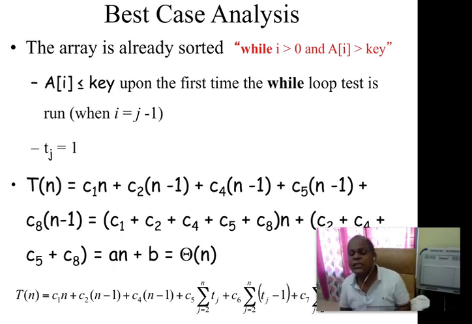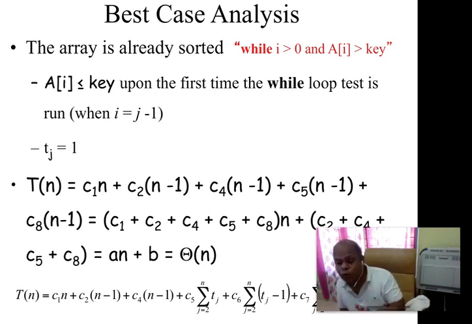Because Tj means, for a particular iteration of the for loop, the while loop will run only one time. Because while i is greater than 0 and A[i] is greater than key, this A[i] greater than key condition will fail there. Once the condition is checked, it will never go inside the loop. Hence Tj value is 1 and Tj minus 1 is 0.